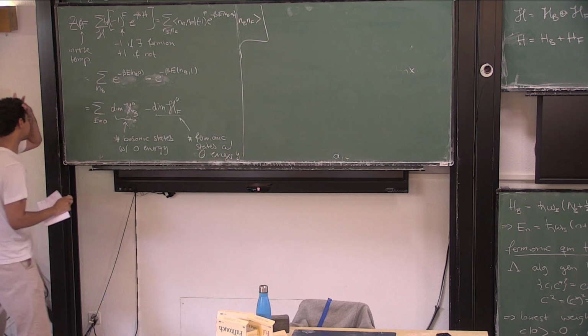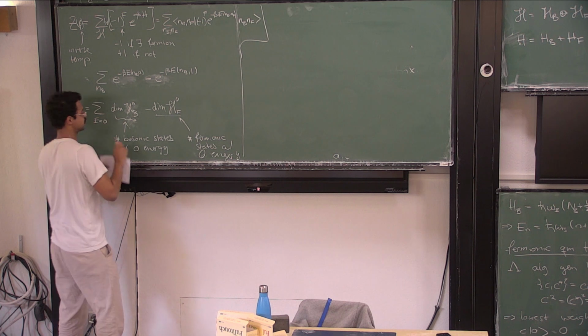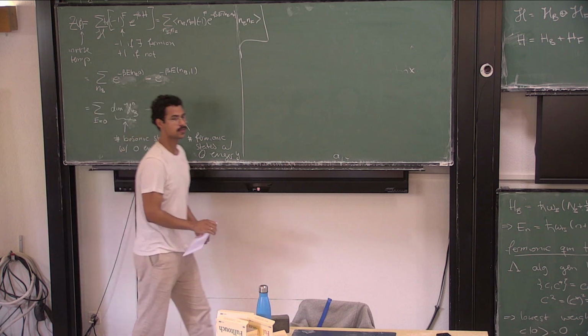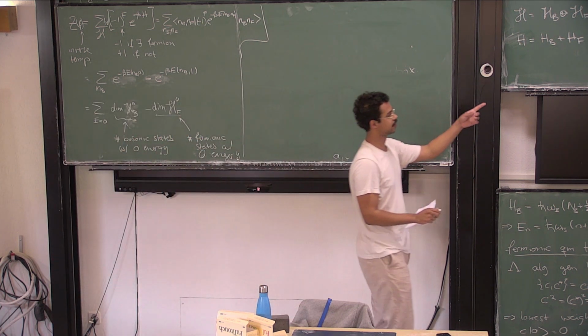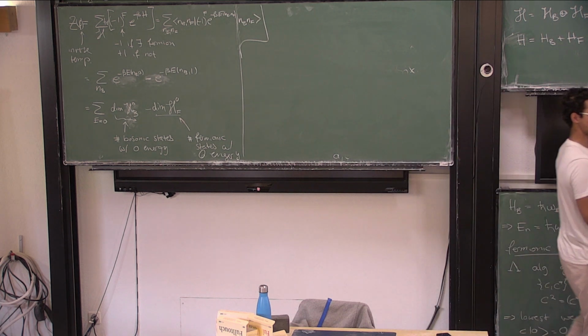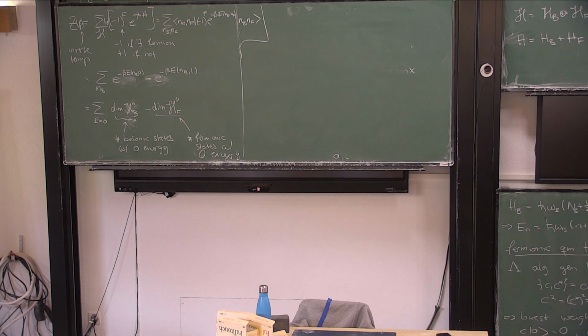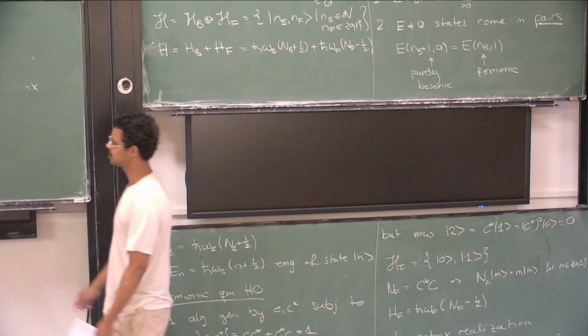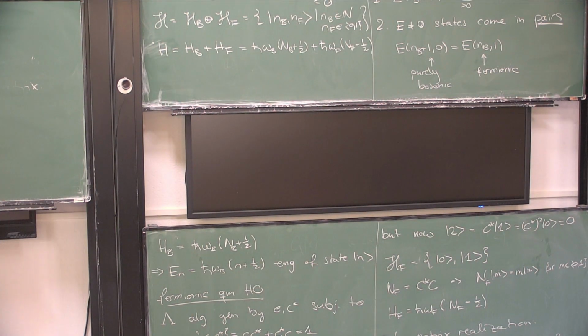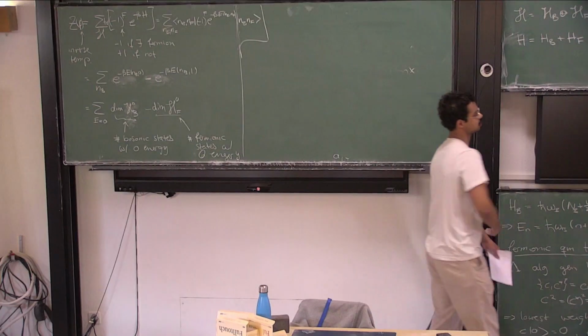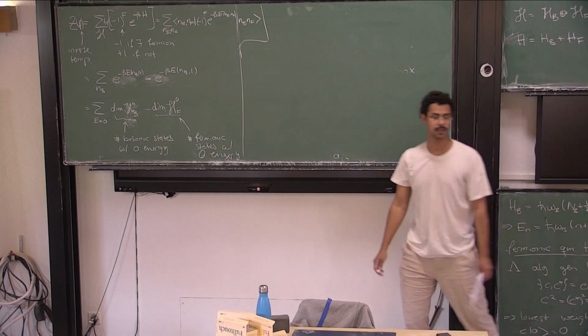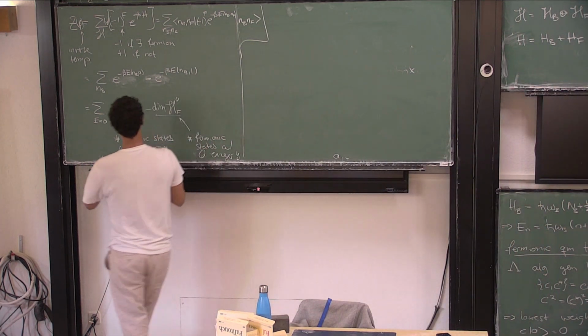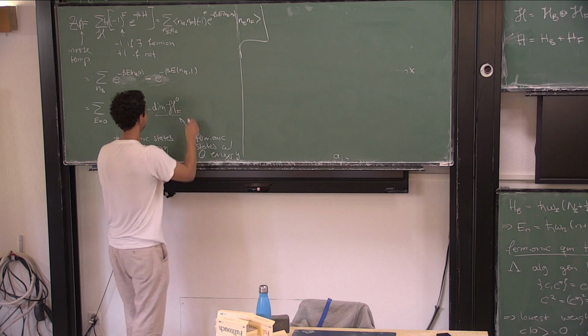And then what would be the rest? Well, the rest would be a sum where E is not 0. Well, we said they come in pairs, right? So you can reshuffle indices if you like. Because you sum over all numbers, right? Okay, let's write it.